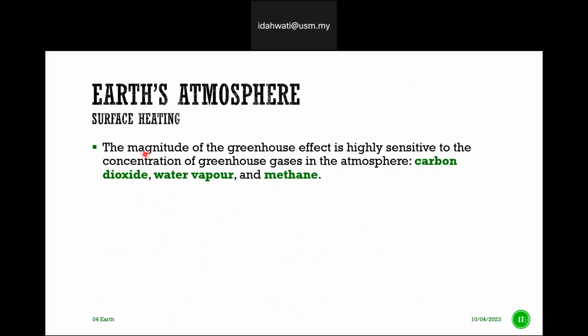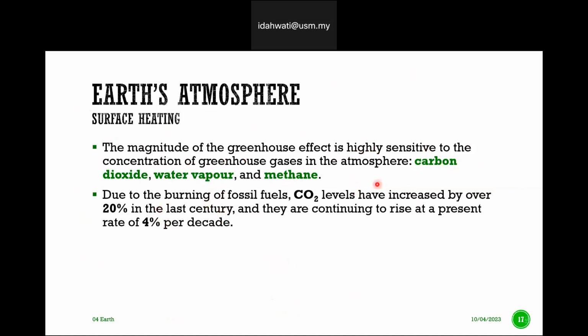There are several gases that will cause the greenhouse effect, which are carbon dioxide, water vapor, and methane.